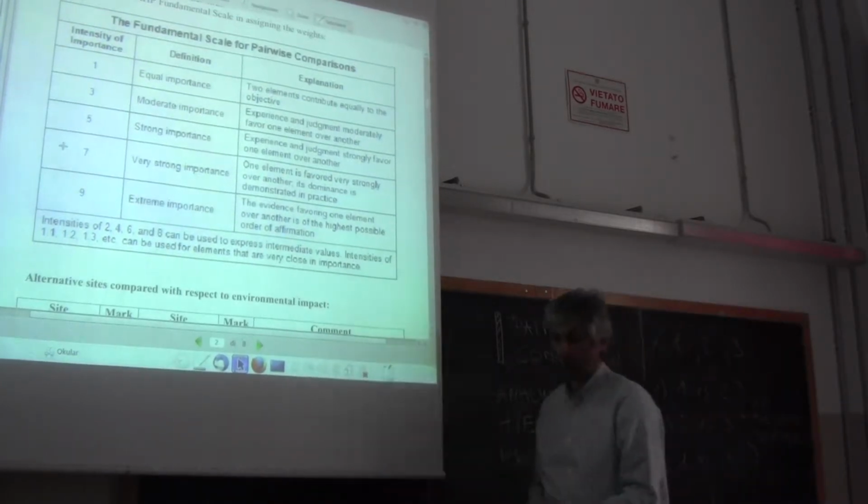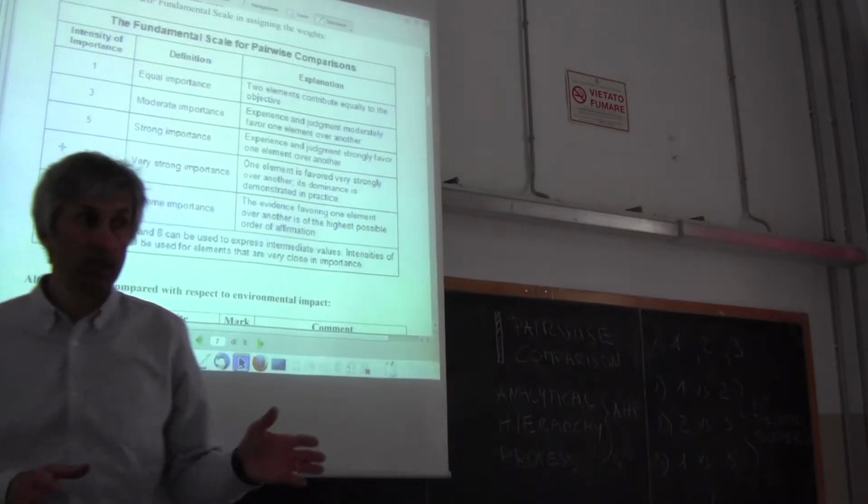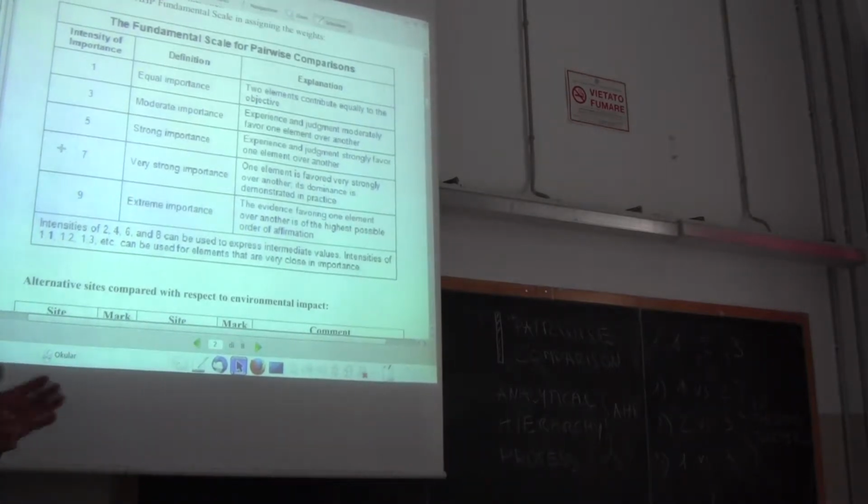So let's suppose that you compare river cross-section 10 with river cross-section 25.